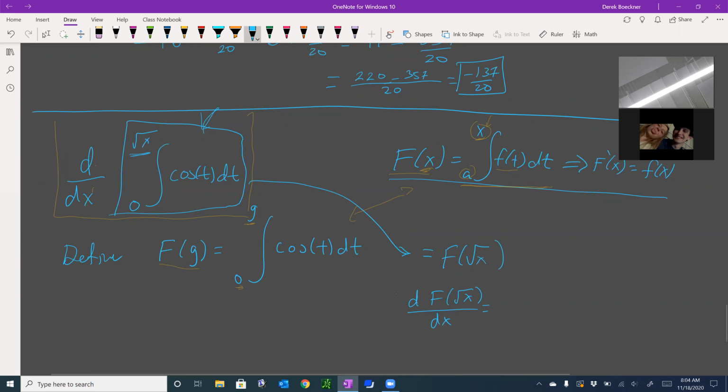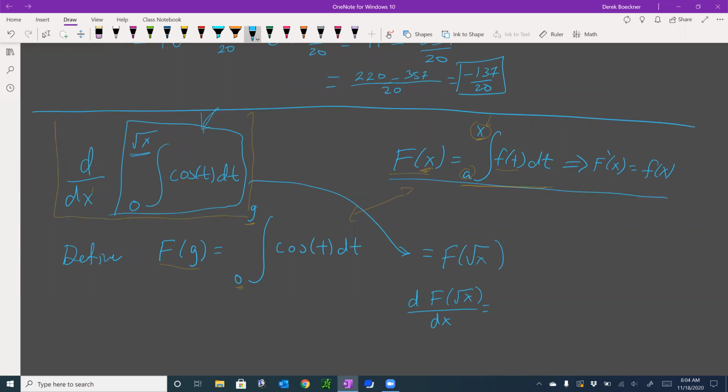And so the derivative of this composite function uses the chain rule. And so it's f prime at the square root of x times the derivative of the square root of x, which is 1/2 x to the minus 1/2. So this is just the chain rule.